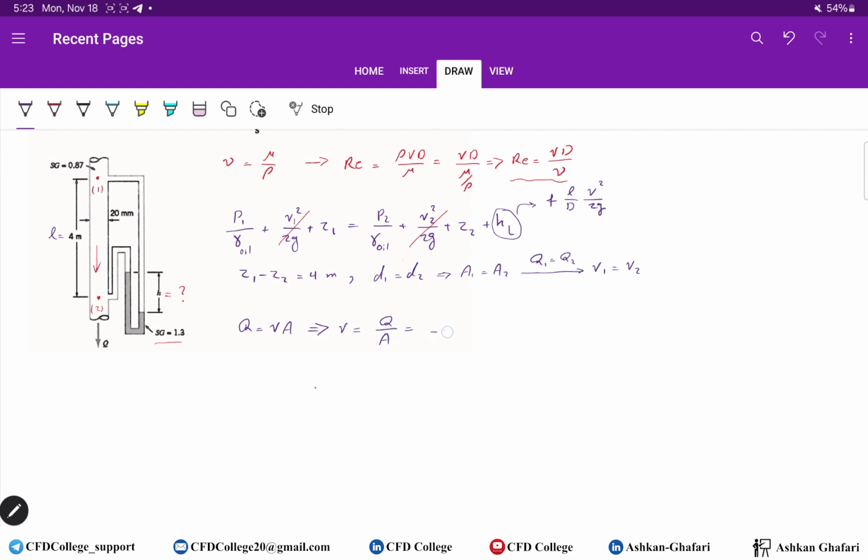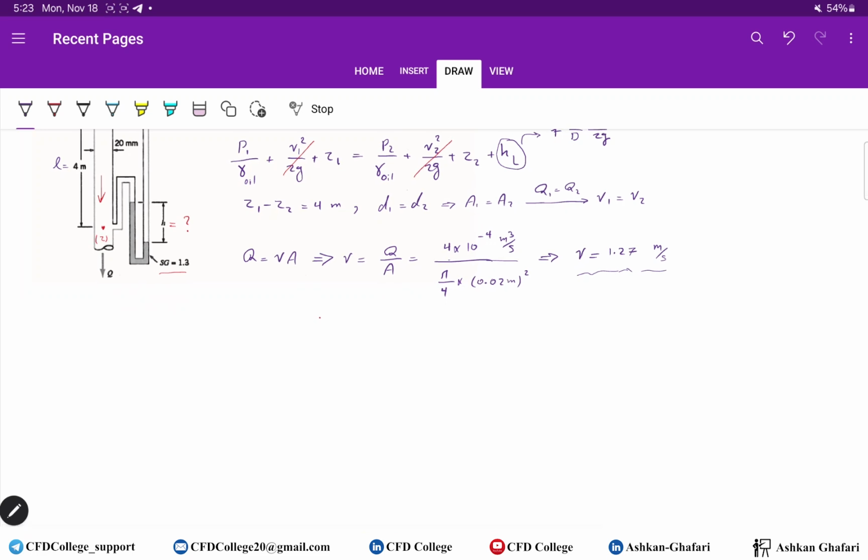Q is 4 times 10 to minus 4 cubic meters per second over the area, pi over 4 times 0.02 meters squared. So the velocity is equal to 1.27 meters per second.